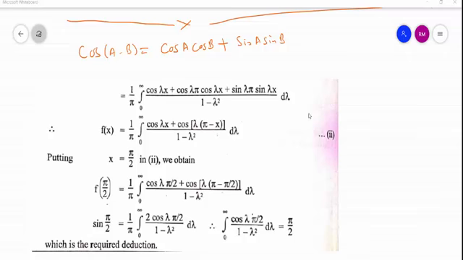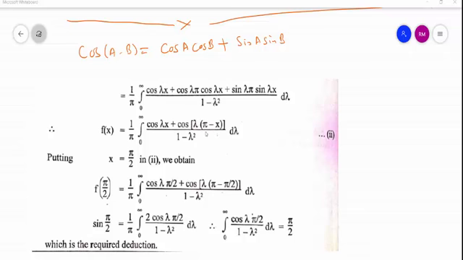So we know the formula, cos A into cos B plus sin A into sin B, is nothing but cos of A minus B. Here A is lambda pi, B is lambda x.